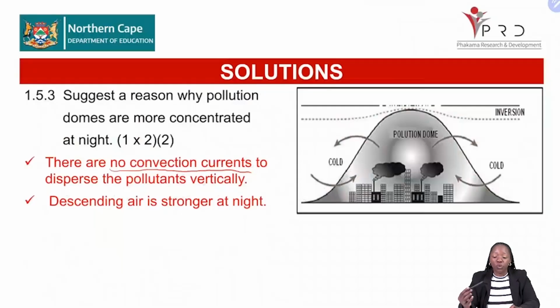Remember, during the day, because the temperatures are high, the warm air rises, so the pollutants are able to disperse vertically. Then the descending air is stronger at night. When we talk about the descending air, we're talking about the cold sinking air, which is stronger at night because the temperatures at night are lower than during the day.